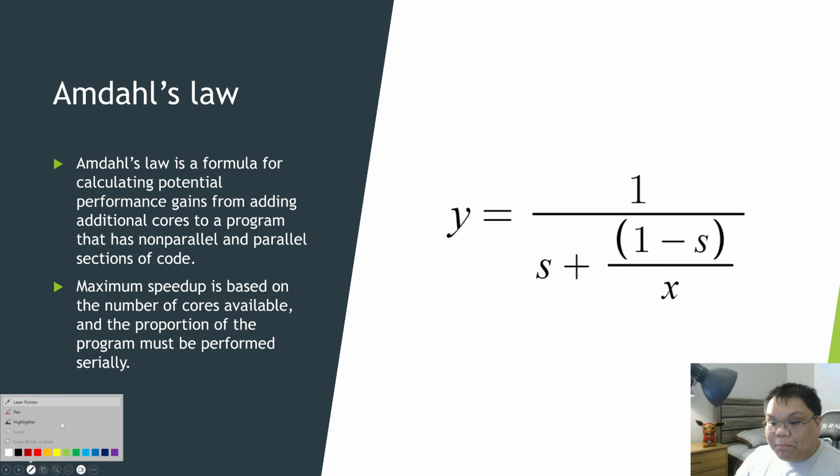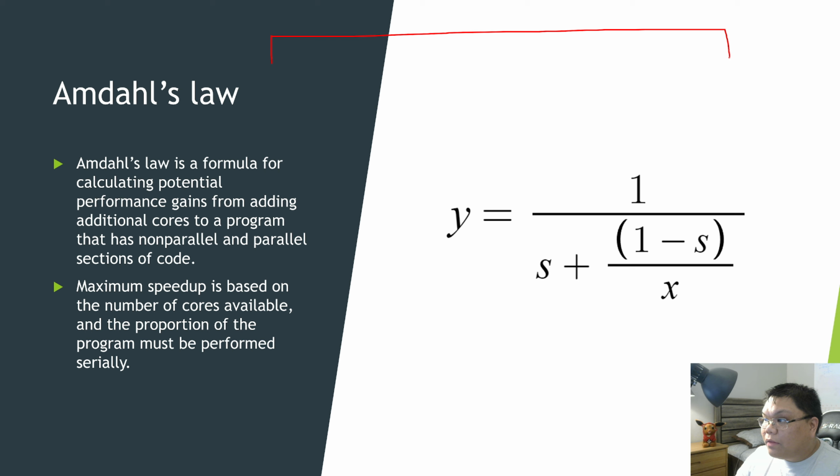So maybe I can get a pen, and let's just say we have some program whose runtime is, say, half serial and half parallel. So 50% of the runtime is done executing serial code, and the other half of the runtime is done executing parallel code.